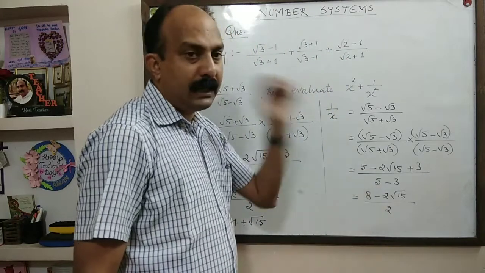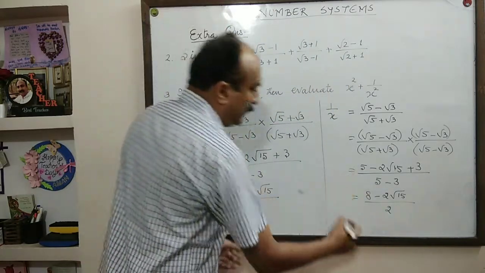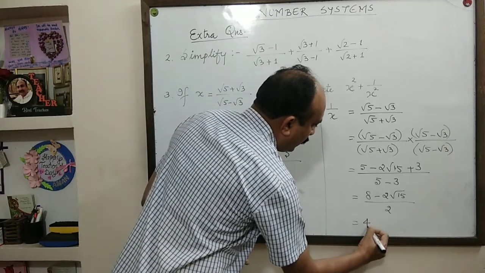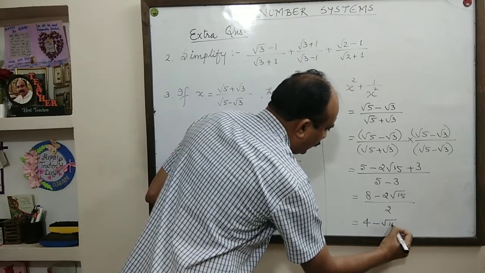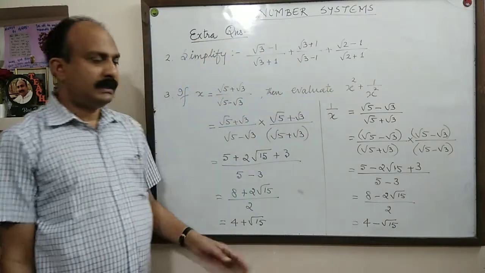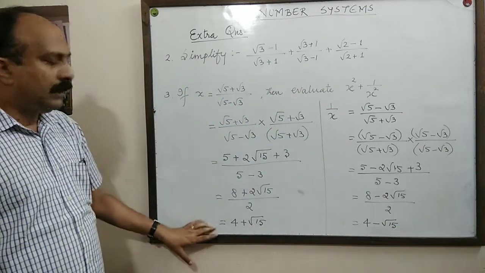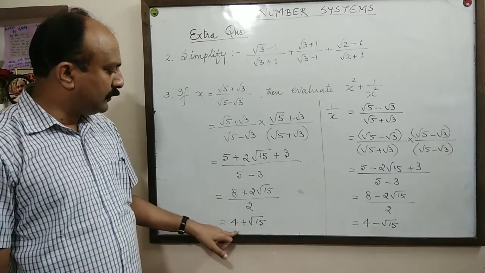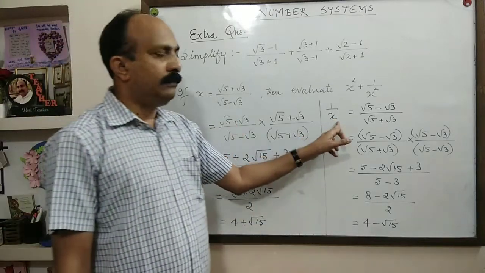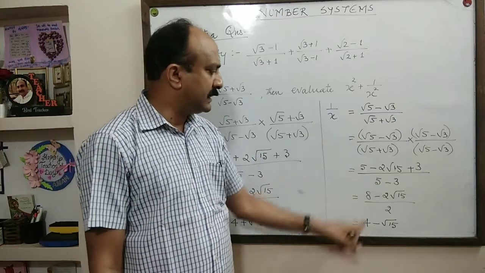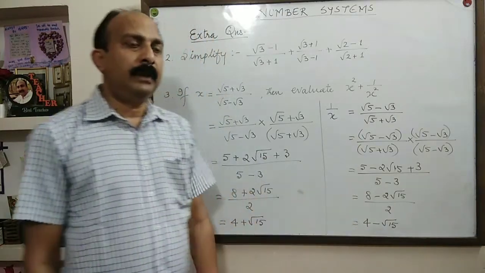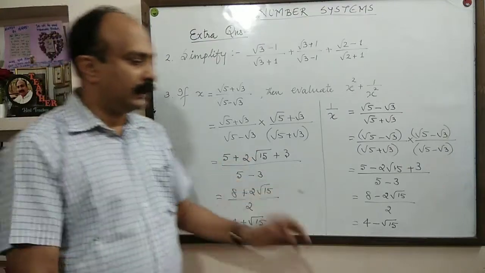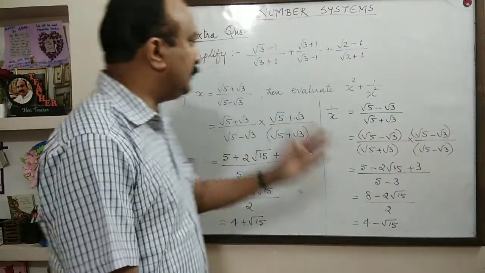Taking 2 common and cancelling with the denominator, it becomes 4 minus root 15. See, the same way we have rationalized the denominator of x. We got 4 plus root 15. Then we have done 1 upon x. By rationalizing the denominator, we got 4 minus root 15. Now I am combining them together.